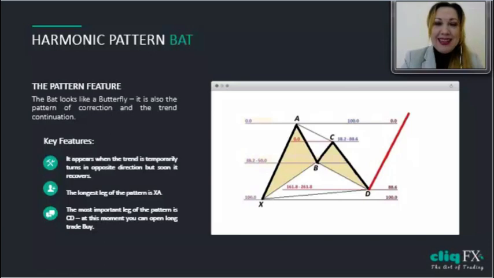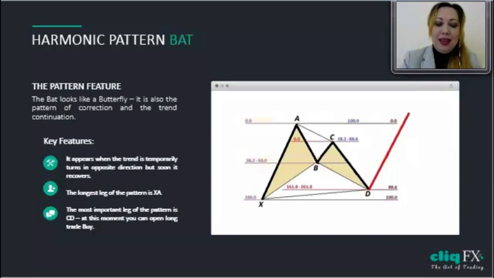In more detail, XA, it's a bullish pattern, as you can see in the slide, and is formed when the price goes up very fast from point X to point A, and this is the longest leg of this pattern.